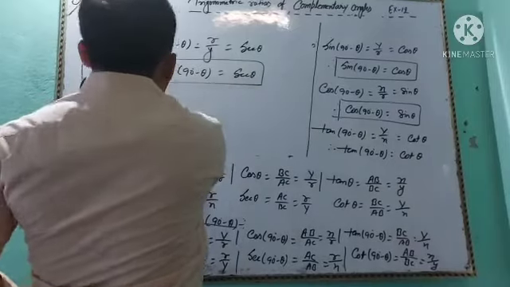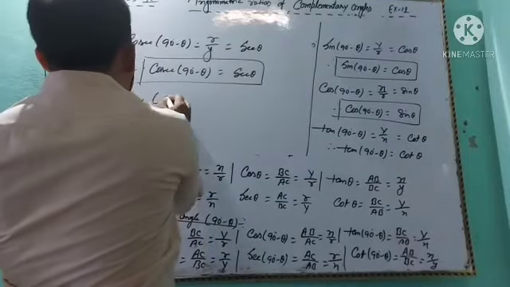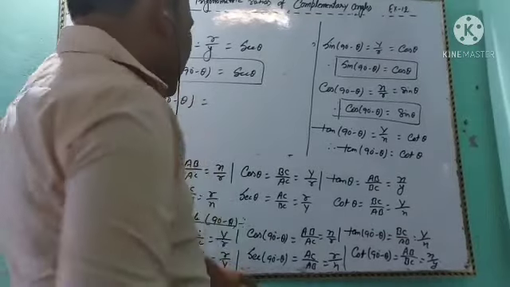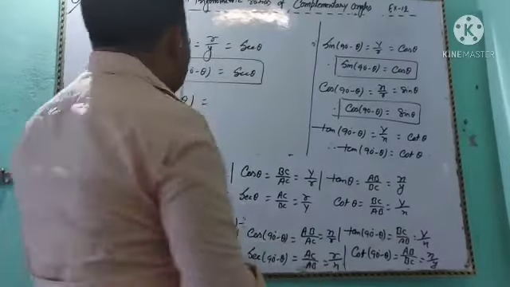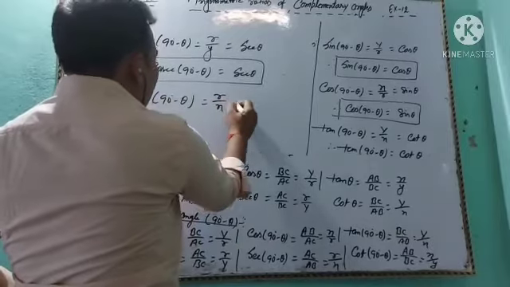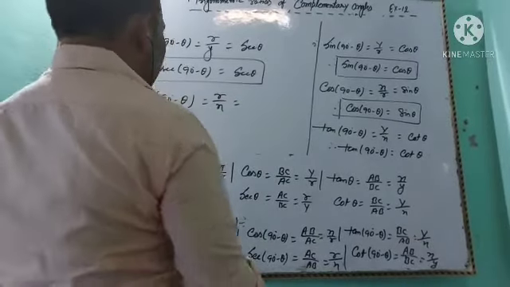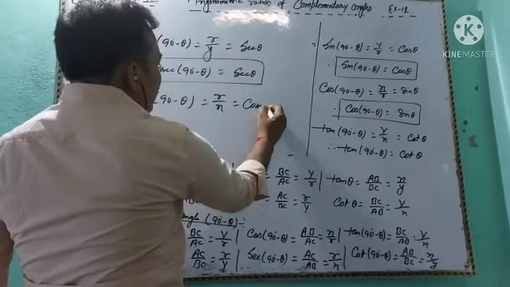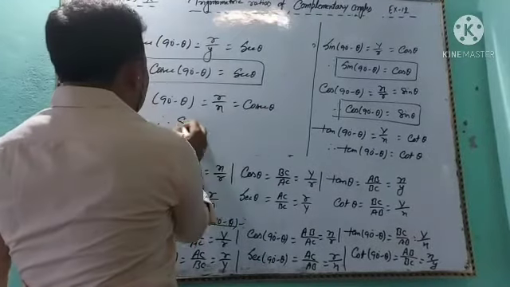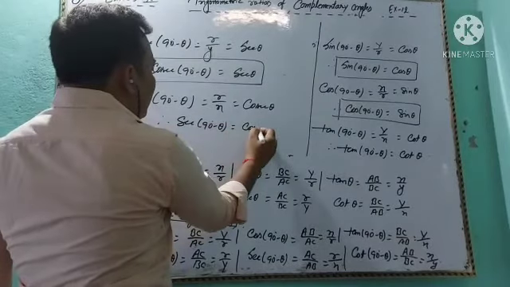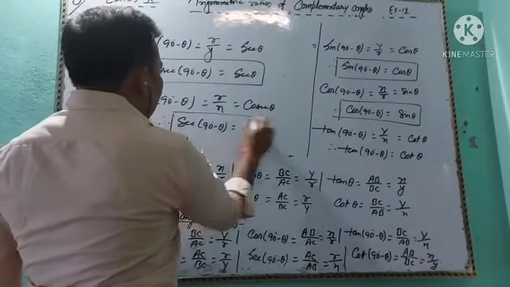Okay, and sec(90° − θ) is equal to r by x, and r by x is equal to cosec θ. So students, sec(90° − θ) is equal to cosec θ.